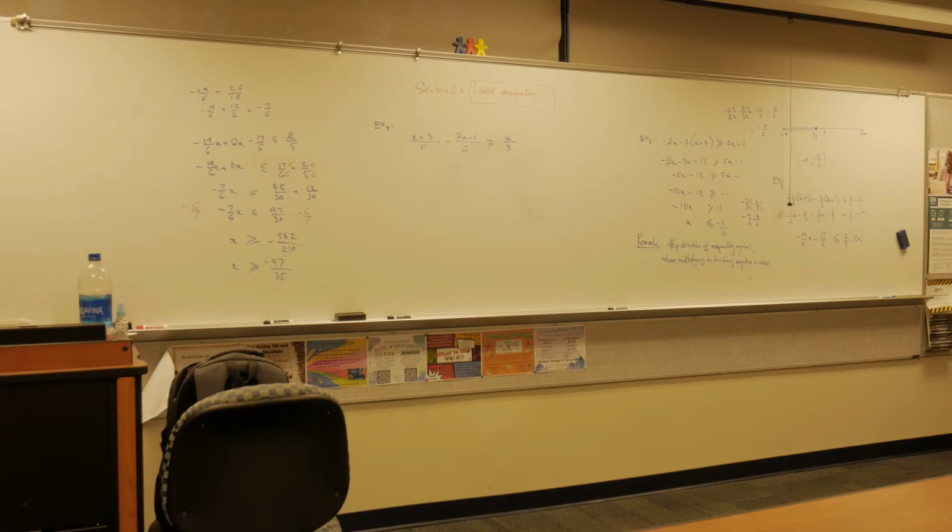You find the LCD for the two fractions, then you combine it as one fraction and you try to get rid of the denominator.